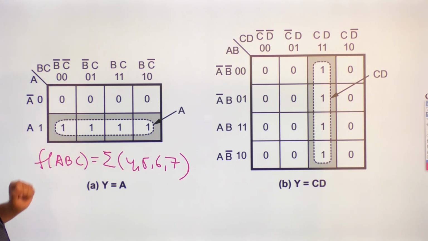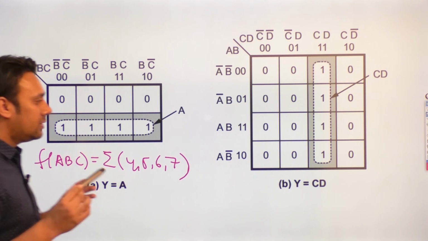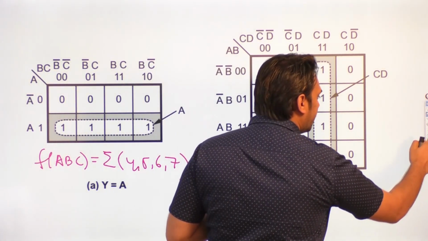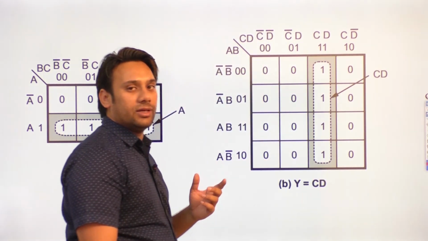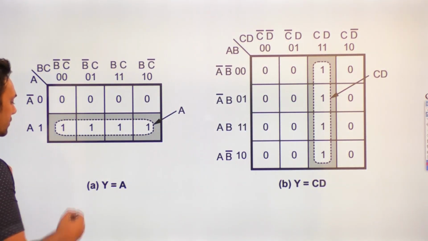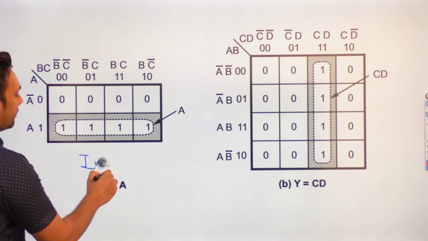Now when you put all these 4 min terms here, a lot of implicants are possible. Let me show you what the implicants are, what the essential prime implicants are, how many implicants there are and how many essential prime implicants there are. First of all, let us look at the number of implicants.